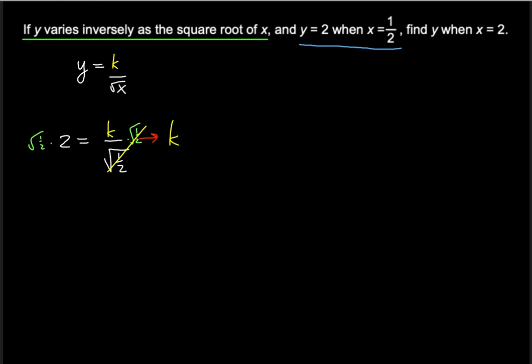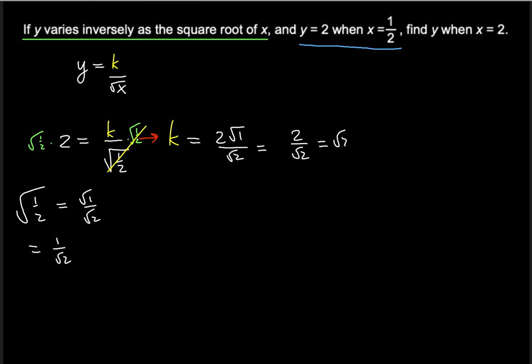So the k value is equal to 2 times radical 1 divided by radical 2, because we know that 1/2 under the radical is the same as radical 1 divided by radical 2, which is 1 over radical 2. So this gives you 2 over radical 2, which is equal to radical 2, because if you rationalize the denominator, it's going to look like this.